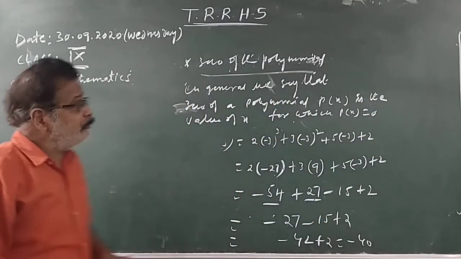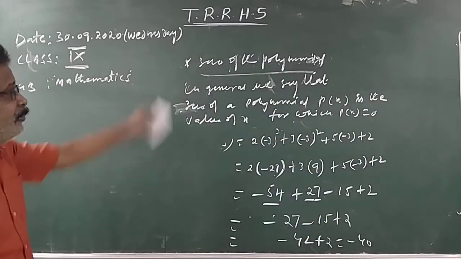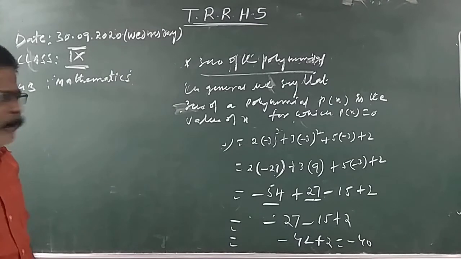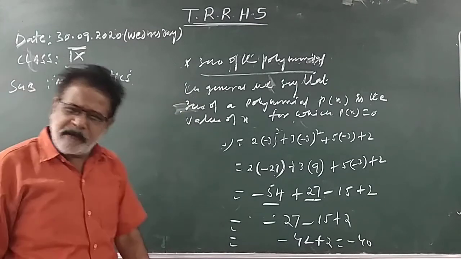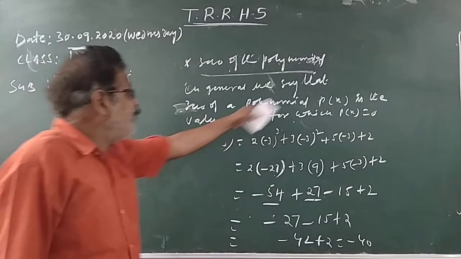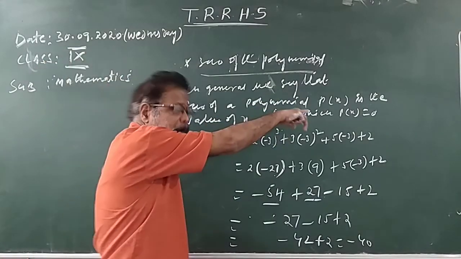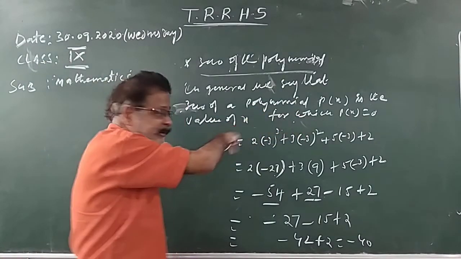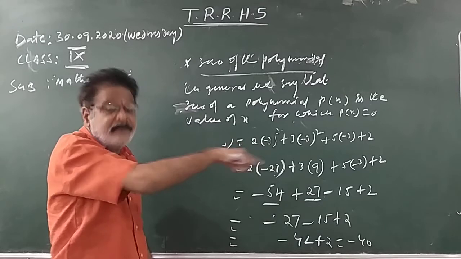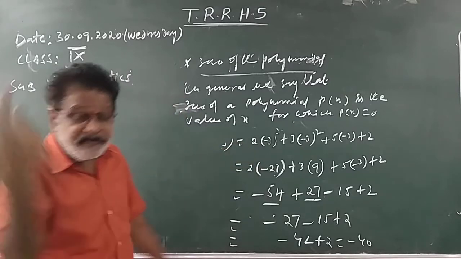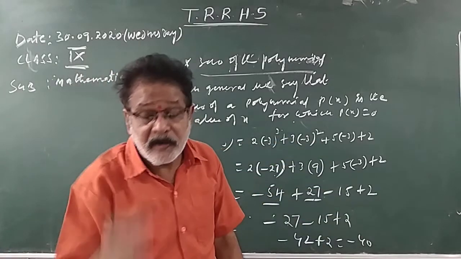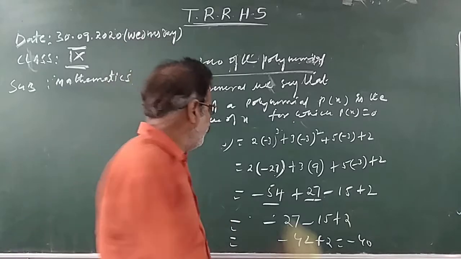Generally, polynomials are represented by p of x or p of y or p of z, and so on. For which value the polynomial will be 0, that is called the zero of the polynomial.